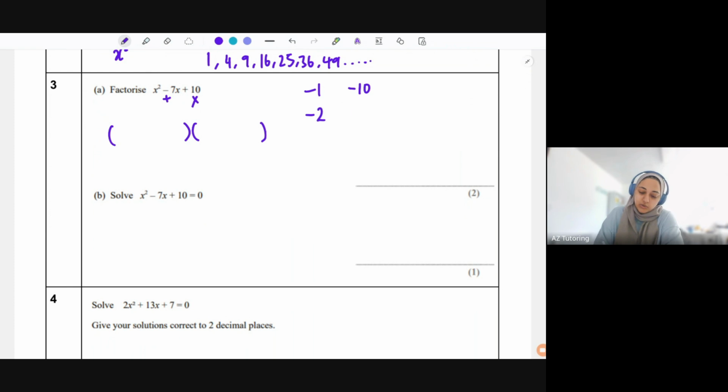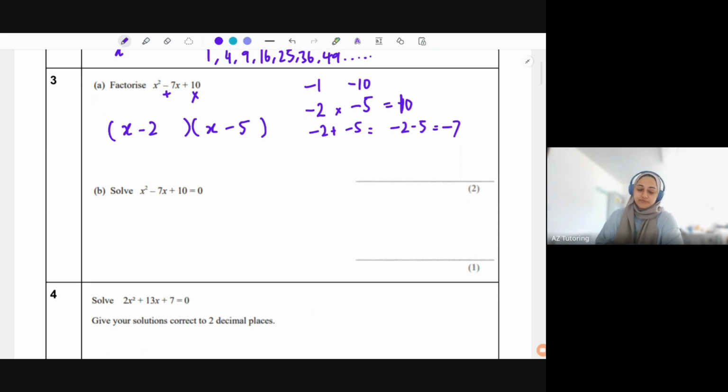Let's try minus 2 and minus 5. Minus 2 times minus 5 gives us 10, and minus 2 add minus 5, well, that's the same as minus 2 minus 5, which is just minus 7. So that works. So we can say x minus 2 and x minus 5, sorry. So there we go. That's factorized.